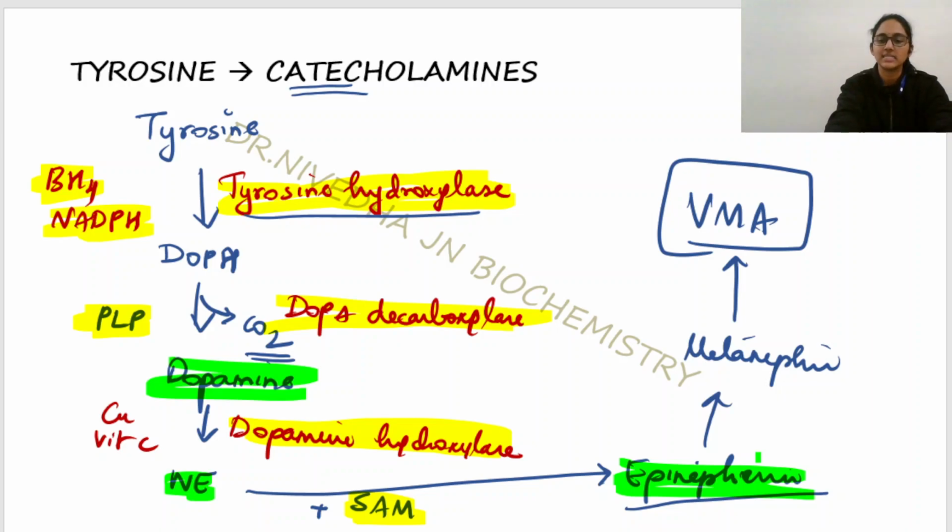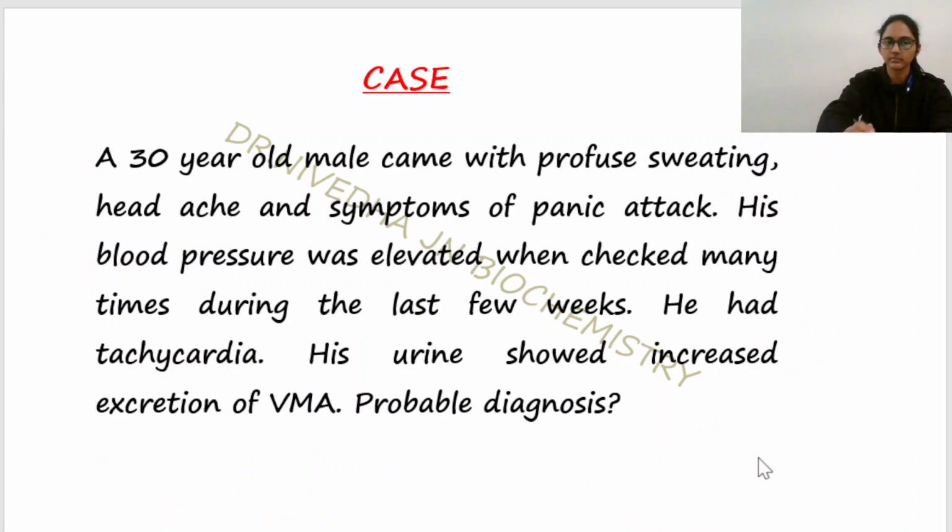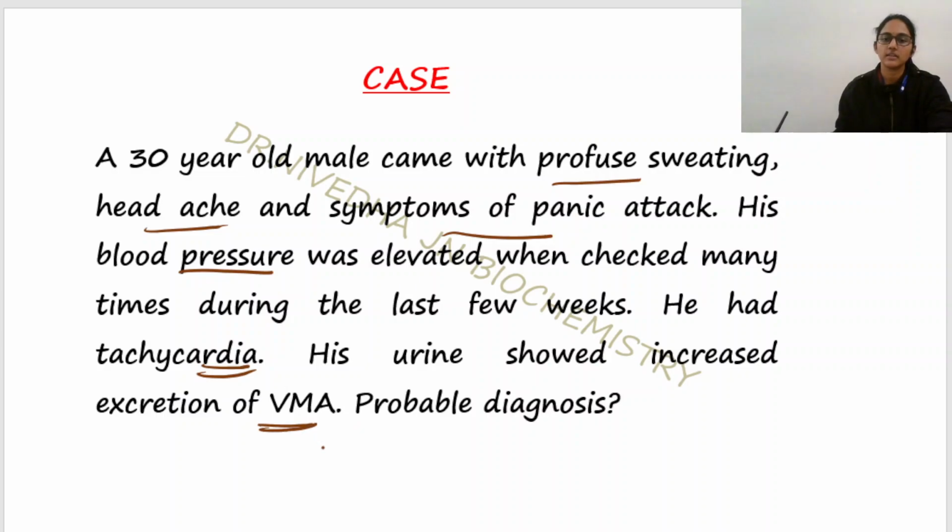Alright. Now let's see another case. A 30-year-old male came with profuse sweating, headache and symptoms of panic attack. His blood pressure was elevated when he checked it many times during the last few weeks, and he had tachycardia. Now his urine showed increased excretion of vanillyl mandelic acid, VMA. So what is the probable diagnosis you could think of?